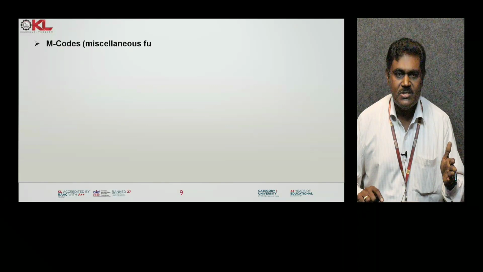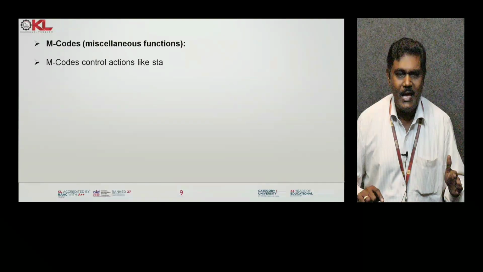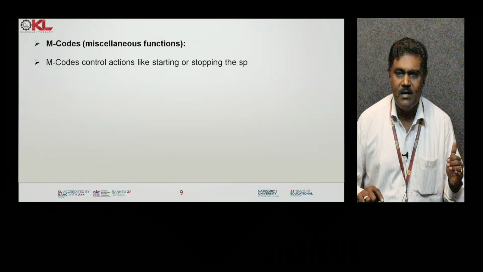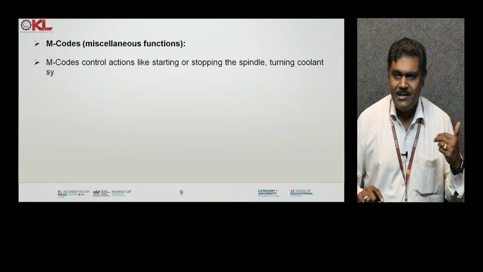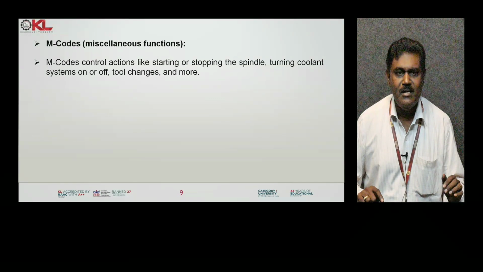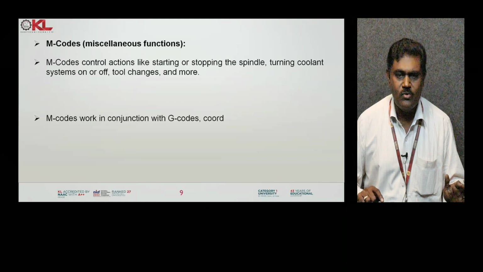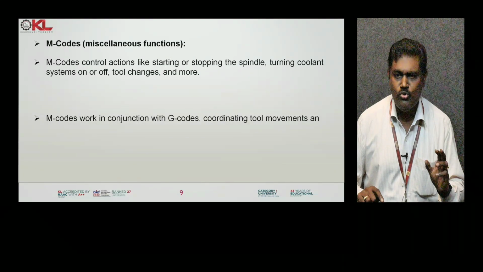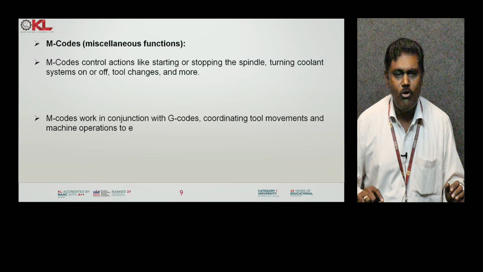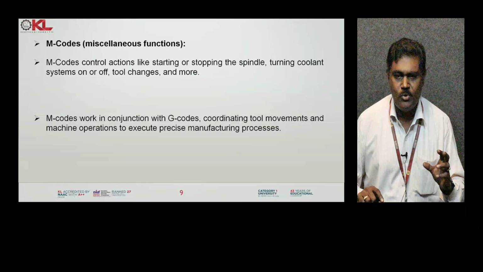M codes are miscellaneous functions. M codes control actions like starting or stopping the spindle, turning coolant systems on and off, tool changes and much more. M codes work in conjunction with G codes, coordinating tool movements and machine operations to execute precise manufacturing processes.